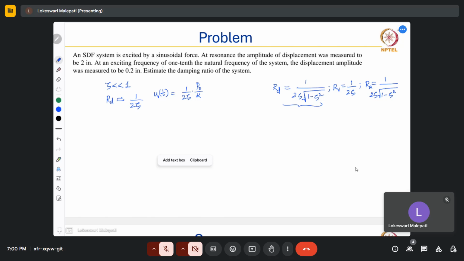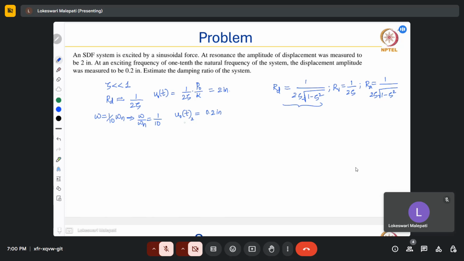And at an exciting frequency of 1/10 of the natural frequency, omega is equal to 1 by 10th of omega n, which means omega by omega n will be 1 by 10. The displacement amplitude was measured to be 0.2 inches, while at resonance it is given as 2 inches.